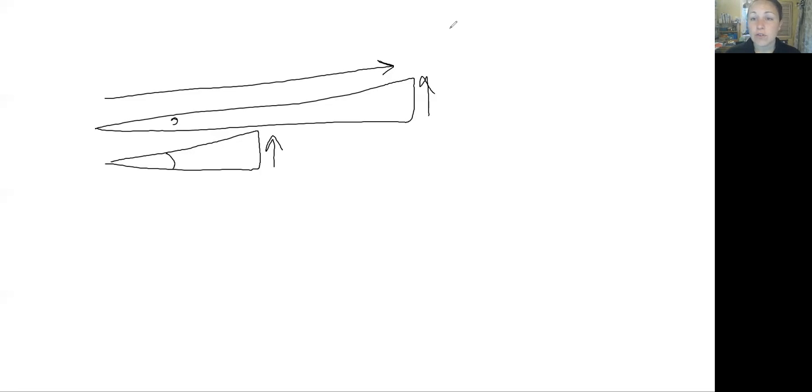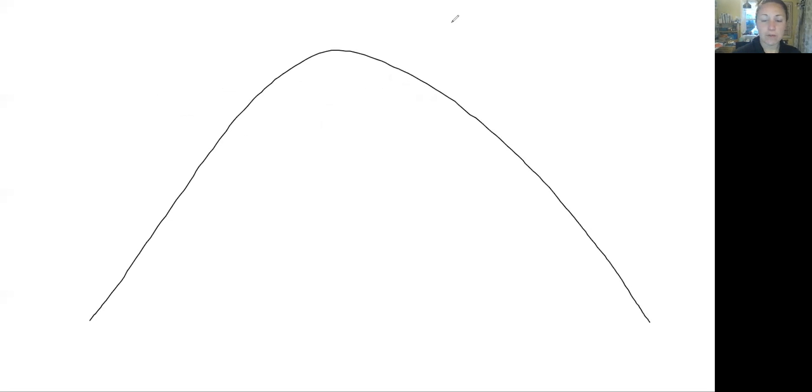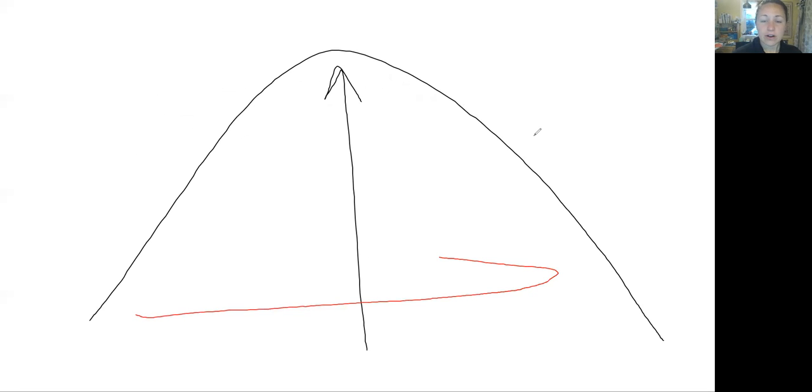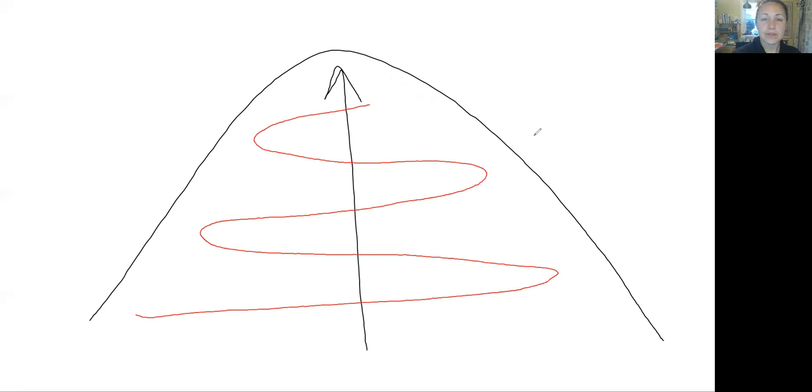So if you think of making a road on a mountain, if this is your mountain, and you want to get from here to here, going up a road straight up like this is going to be extremely steep and it's going to take a lot of effort to do that. But if your road did what's called a switchback all the way up to get to the top, your distance is a lot longer to get up that mountain, but you're not climbing straight up.